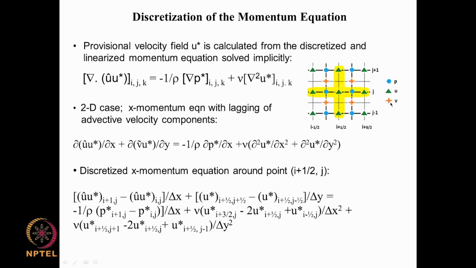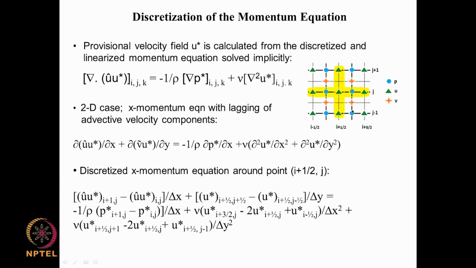The vertical velocity component v is evaluated at the star positions, which are displaced with respect to the position where p is evaluated in the vertical direction by half grid spacing. So these are evaluated at i, j plus half, i, j minus half, i minus 1, j minus half, i minus 1, j plus half, like this.